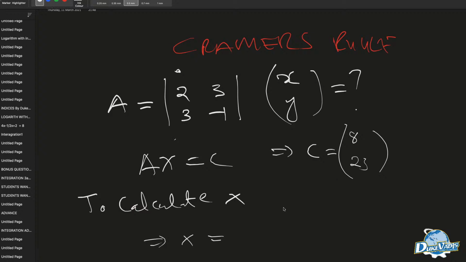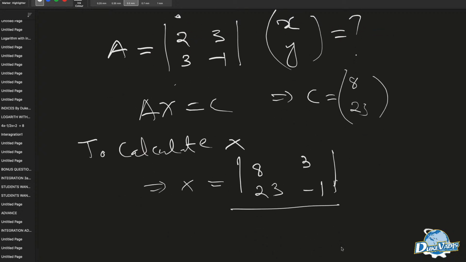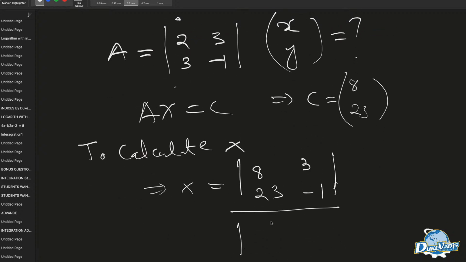So this will be 8, 23, and this is 3, -1, then divided by the original matrix, which is 2, 3, 3, -1.